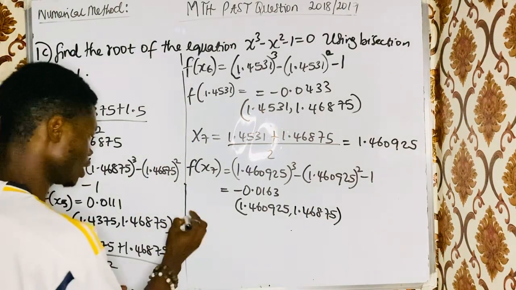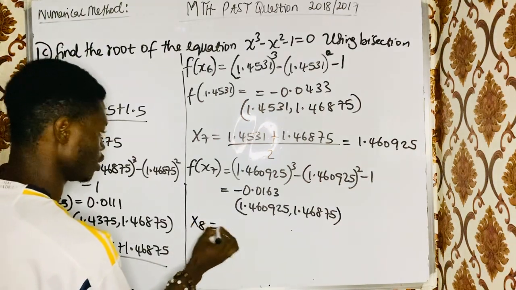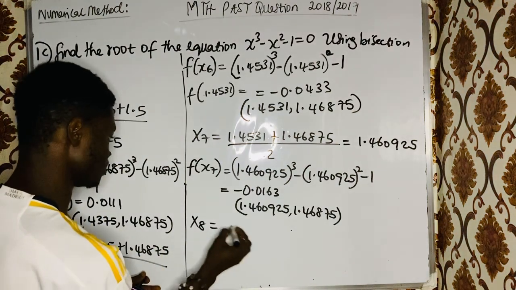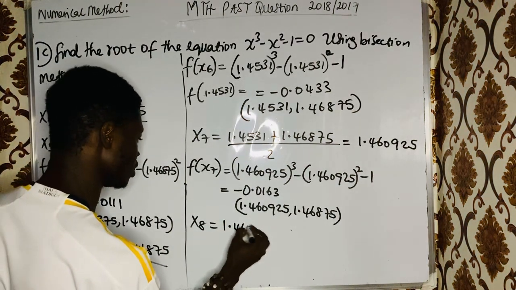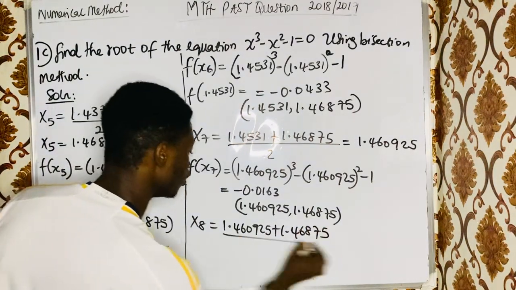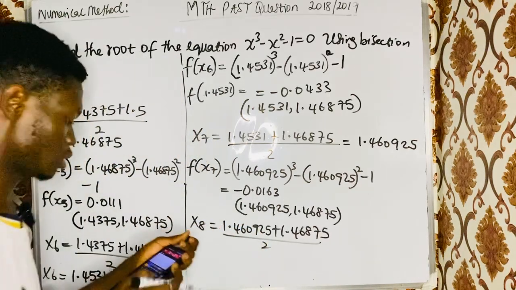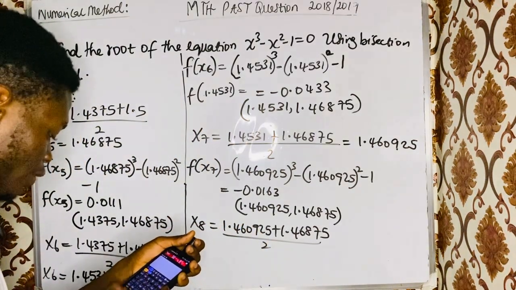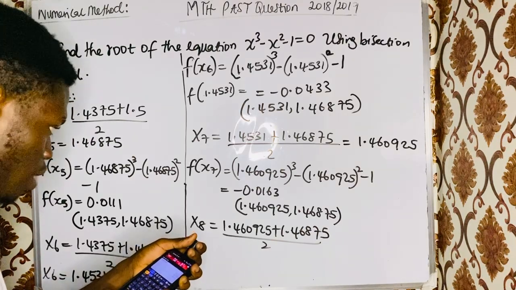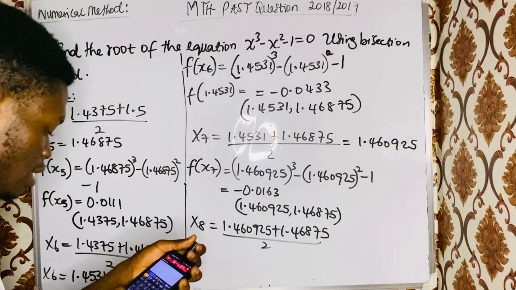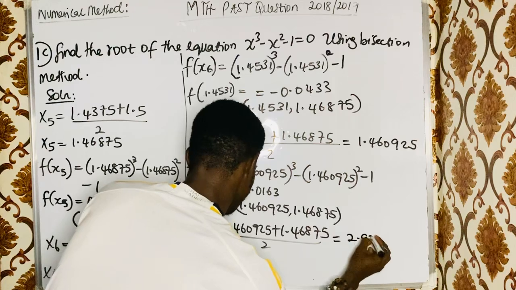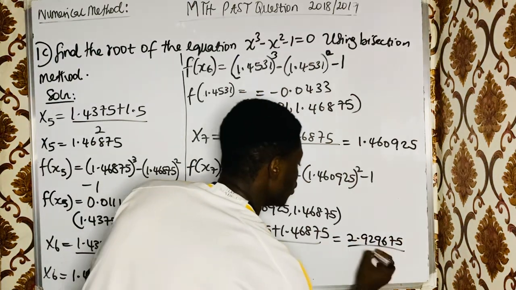So our x8 will give us what? 1.460925 plus 1.46875 all over 2. So let's do it. 1.460925 plus 1.46875 gives us 2.929675 all over 2.